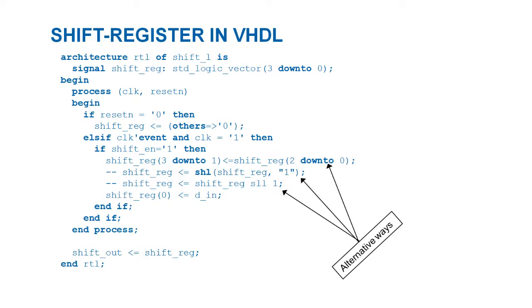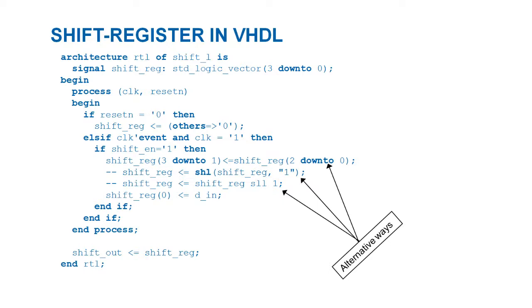There are 2 other alternatives. I can say that shift_reg should be assigned given a function called shl, shift left logic, which takes as arguments the source of the data that I would like to shift, and how many steps I would like to shift it. Also, from the IEEE package std_logic_1164.all, I have an operator that behaves more or less like the shift function.